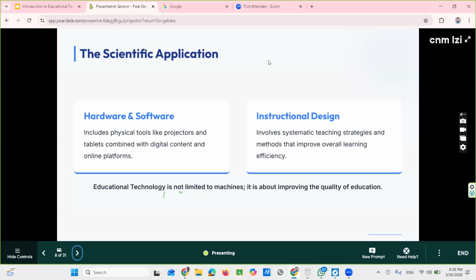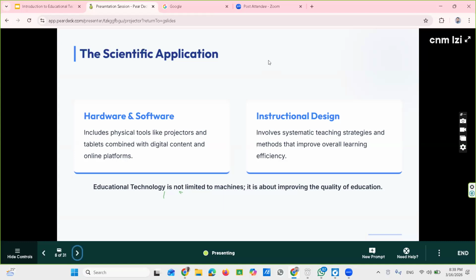I integrate Peer Deck and Google Slides to create interactive slides. That's the main software I am using to deliver my lesson. In that way, if we have some situation, we have to be able to identify what are the hardware and what are the software.